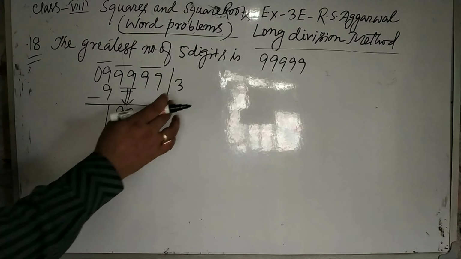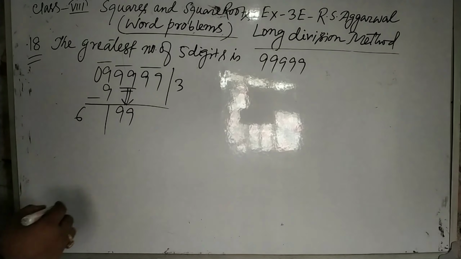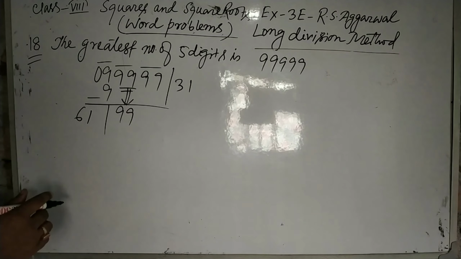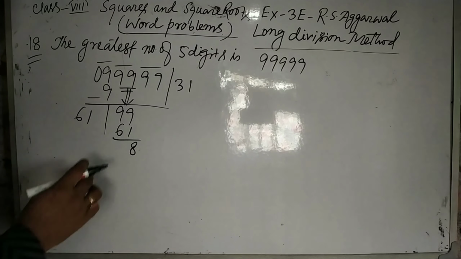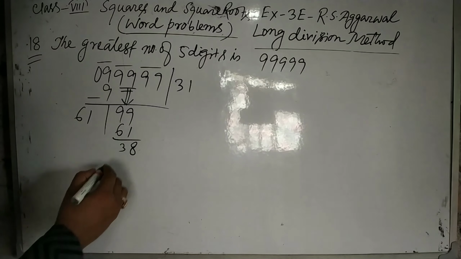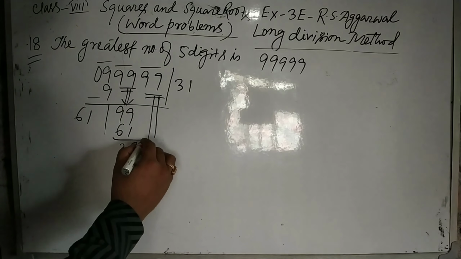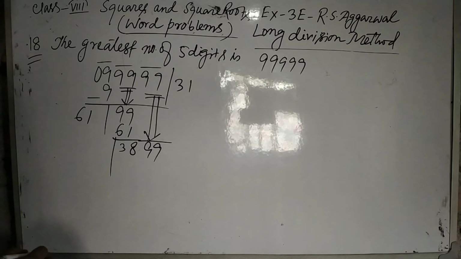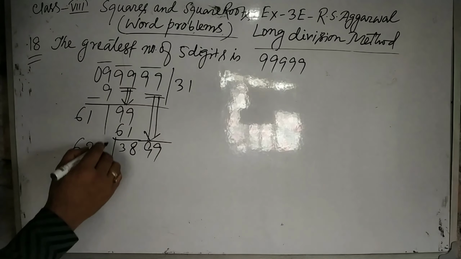The next pair, 99, comes down together. Now twice of 3 is 6, so we have to add 1 here, 1 here. So it is 61, 8, then 3. In the next step, these two 9s come down together. Now twice of 31 is 62.